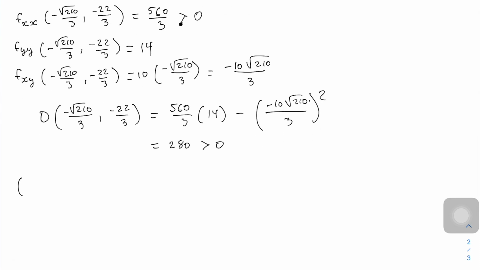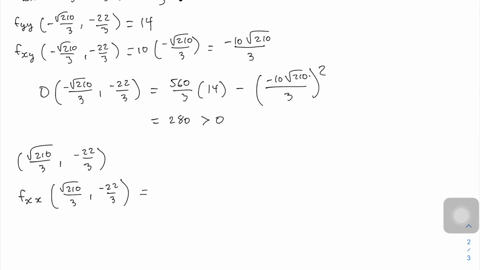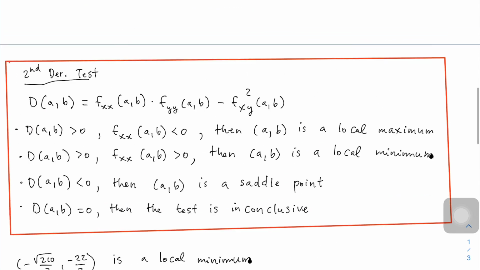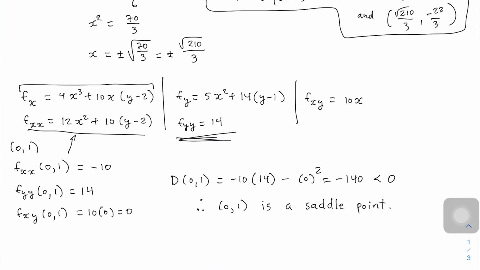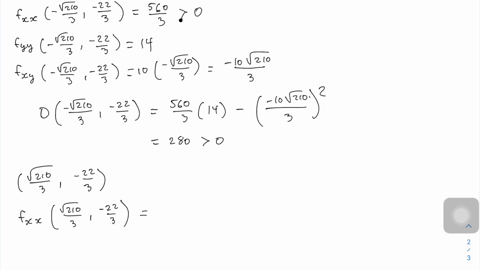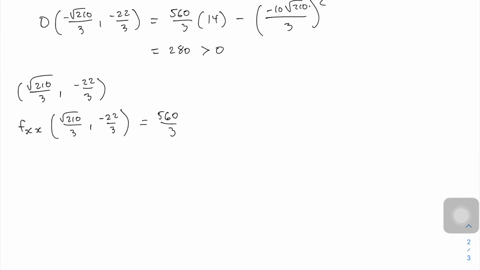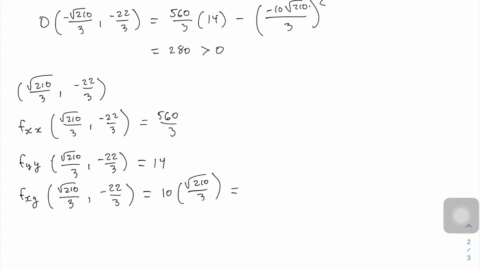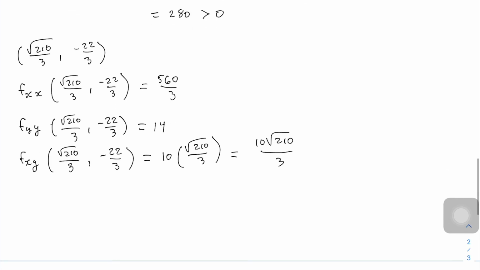Okay, so let's check the third one. And if you put this into the calculator in this equation again, what do we get? We get 560 over 3. And this one, 14, we said, and we get 10 square root of 210 over 3. Okay, great.